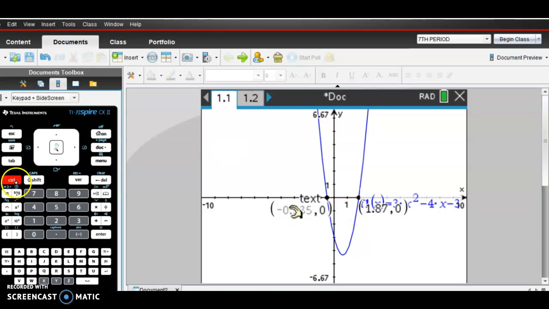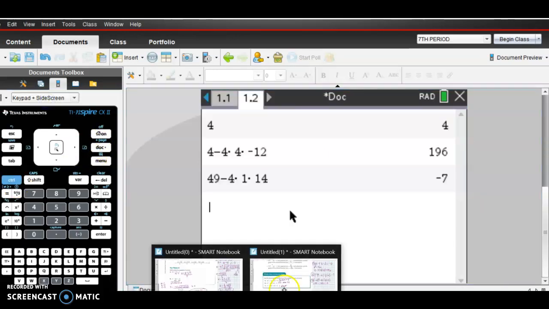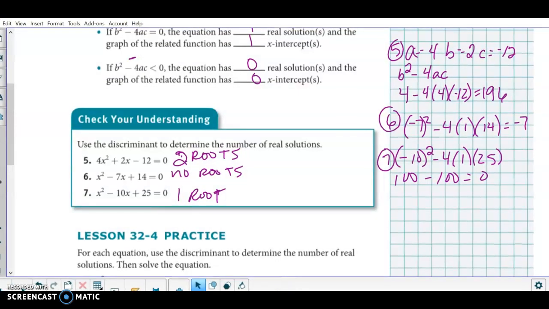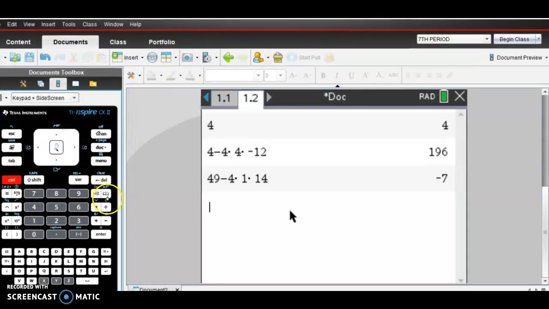And then when I go to my calculator, we had originally gotten 2 plus or minus, so we would have to put it in separately. 2 plus the square root of 7 over 3. 2 plus square root of 7 over 3 is at 1.54.